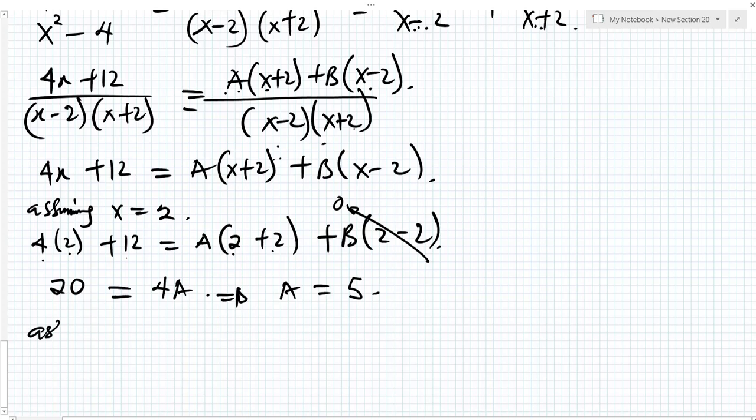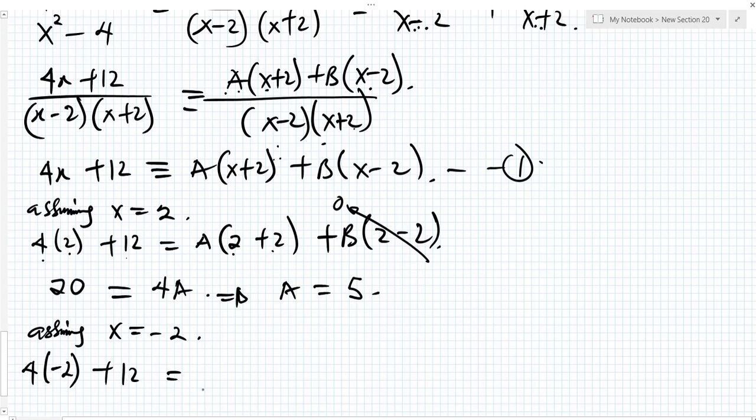Now, assuming x is equal to minus 2, wherever I see x, I put minus 2 to both sides of the numerator. Let me call this equation 1. So I have 4 times minus 2 plus 12. So a times minus 2 plus 2, this will be 0, plus b times minus 2 minus 2.